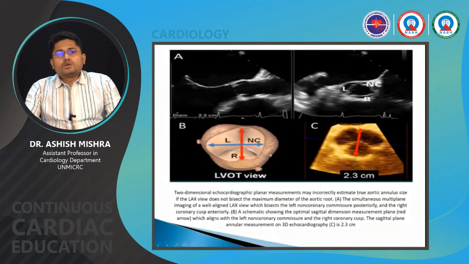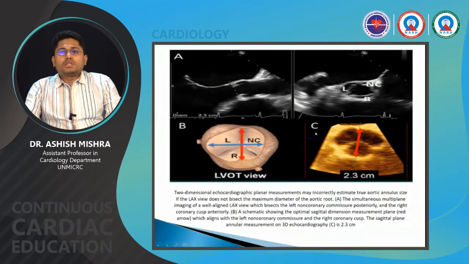This is basically the two-dimensional echocardiography planar measurements for the aortic valve annulus. One should be very well aware that the aortic valve annulus acquired through transthoracic echo and through TEE can vary, and the gold standard currently for aortic annulus measurement is the CT, or also now there are growing studies corroborating with MRI studies.